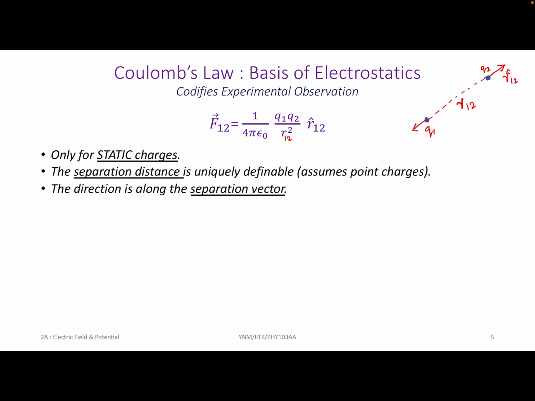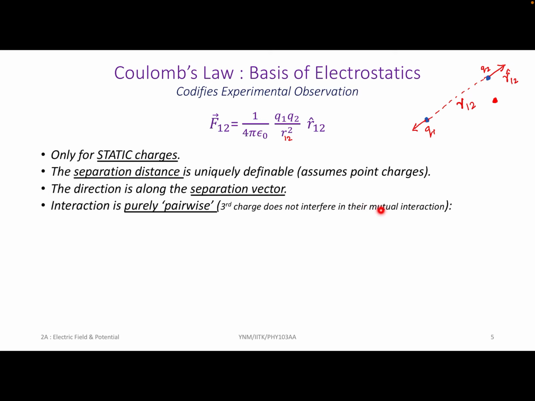The direction is along the separation vector, of course, and it's important to note that this law tells us that the interaction is really pairwise. If there was a third charge, it will also interact with the two, but the new charge will not interfere in the way Q1 and Q2 interact.